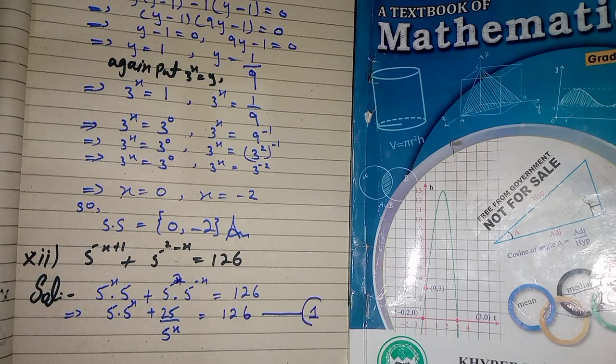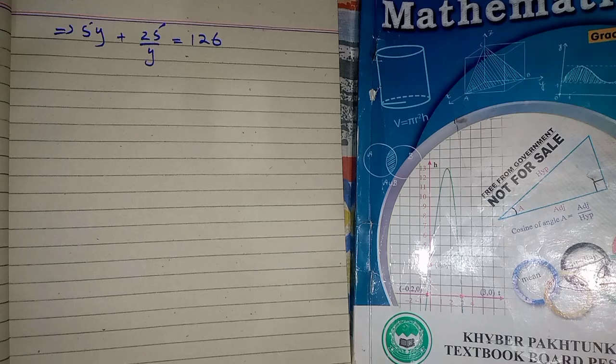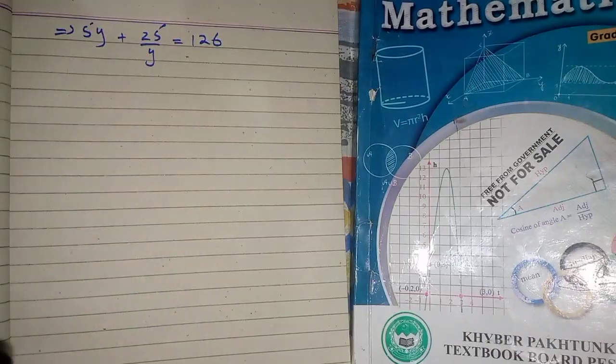So we let 5 power x is equal to y. By putting 5 power x is equal to y, equation 1 becomes 5y plus 25 by y equal to 126. Now we multiply both sides by y.